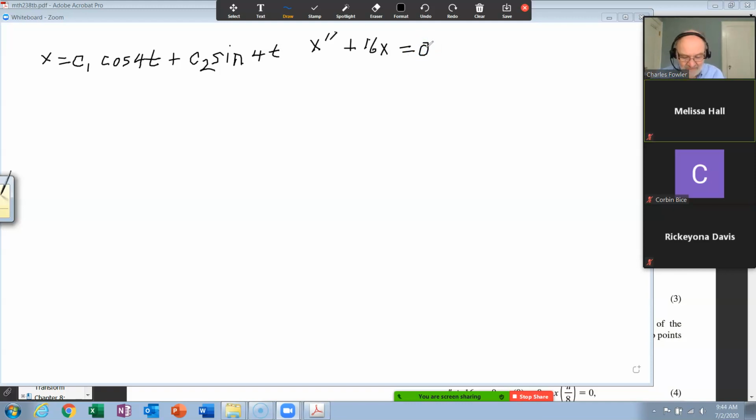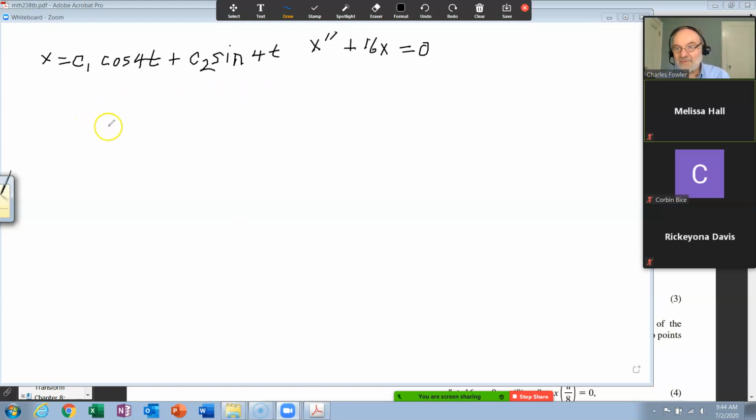They didn't say verify it, but it's really not that bad to do. What's the first derivative of this? That would be minus 4 C1 sine 4t plus 4 C2 cosine 4t.